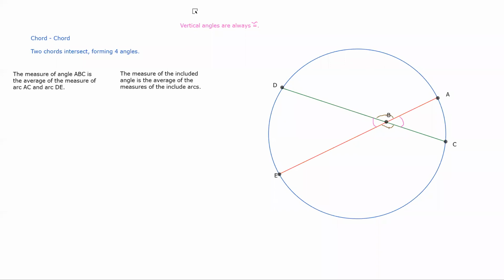Let's say that we're given arc DE equals 100 degrees and arc AC equals 60 degrees. Find the measure of angle ABC.